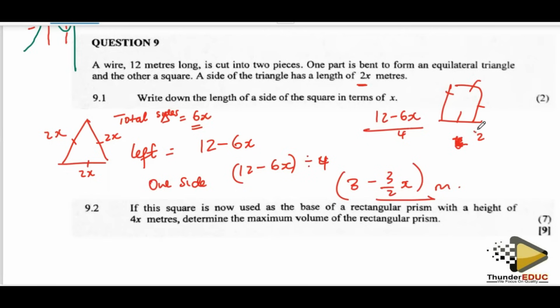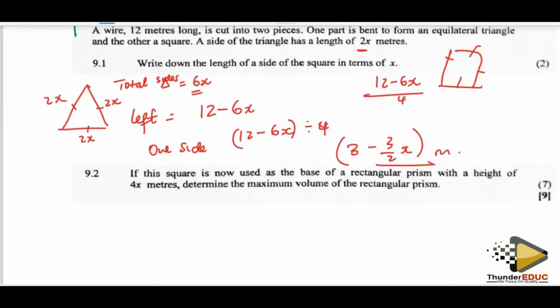And then you have 4 minus 2x, and then by 4. Okay, so that is that. Let's not debate over the factorization. Then we move on.